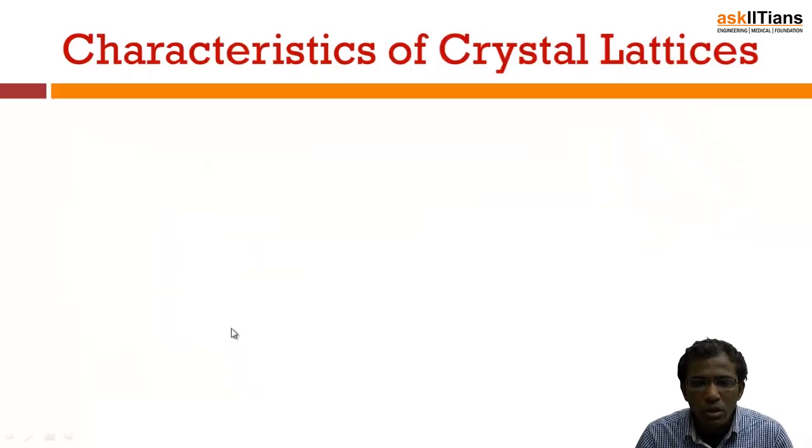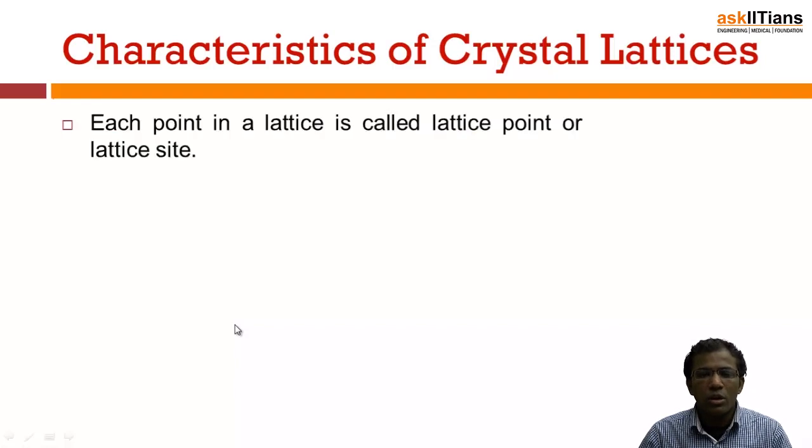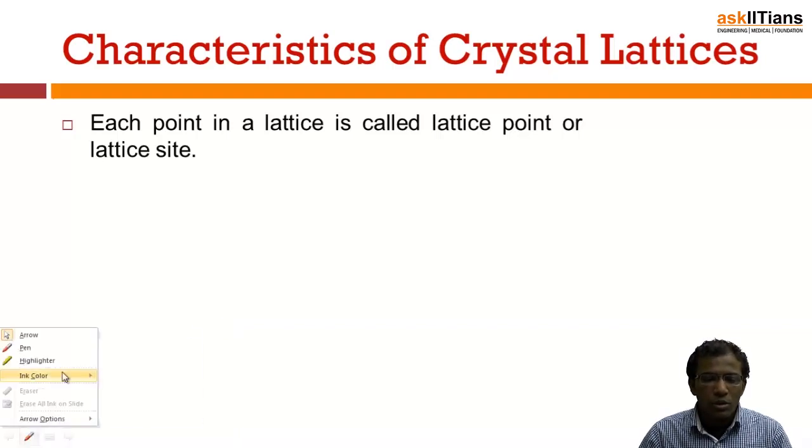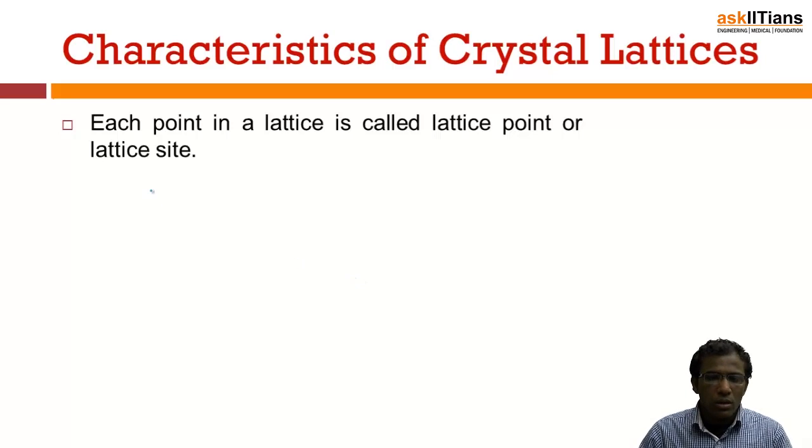Let's see some of the important characteristics of crystal lattices. Now we are going into more details. The first important point is that each point in a lattice is called a lattice point or lattice site.